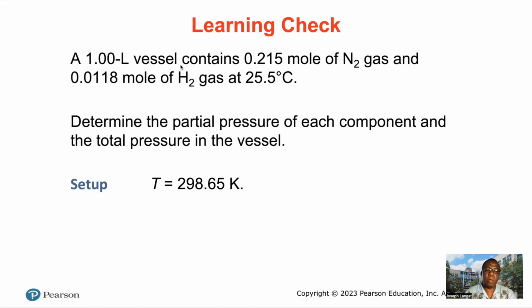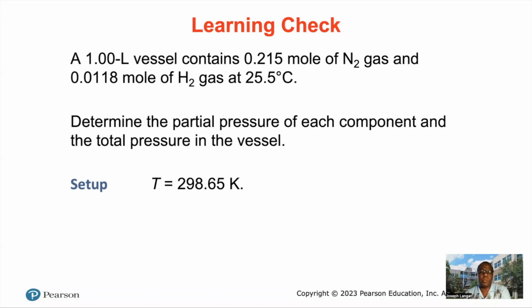So a one-liter vessel contains 0.215 moles of nitrogen gas. Remember, nitrogen gas is diatomic. And 0.0118 moles of hydrogen gas. Remember, all gases are diatomic.